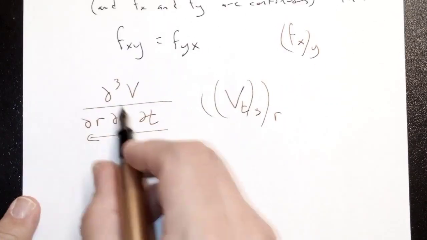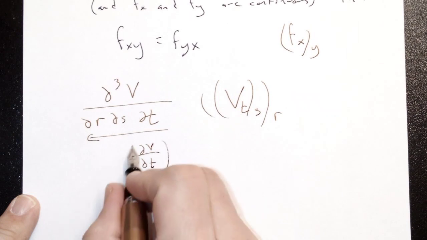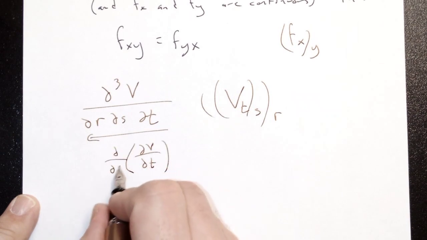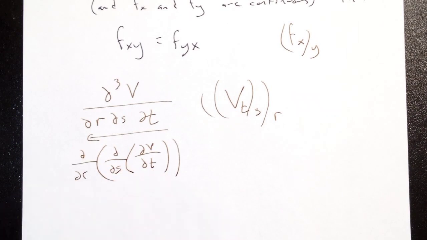So I can think of this as dV/dT, then the derivative with respect to S, and then the derivative with respect to R. See how we do them from inside out, and thus end up going from right to left in the bottom there? This is the operator notation.